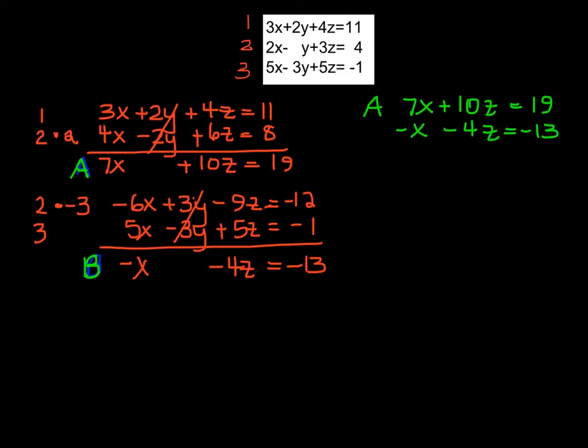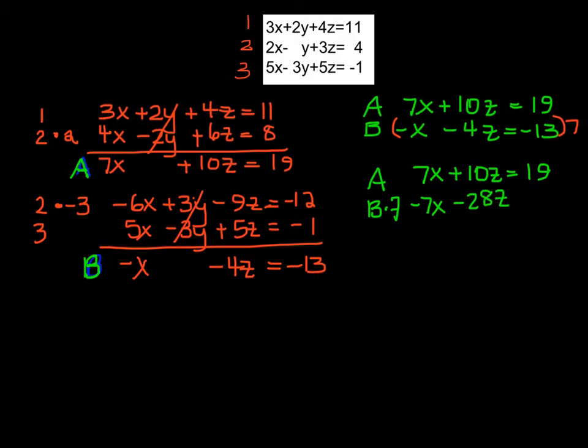I'm now going to solve this system. So I'm going to multiply B by 7. So A and B times 7. A is going to stay the same, and B is going to become negative 7x minus 28z equals negative 91.